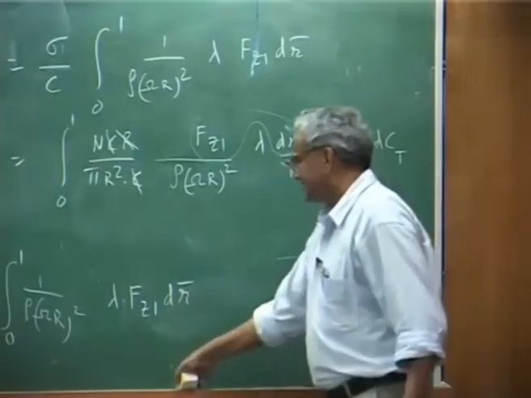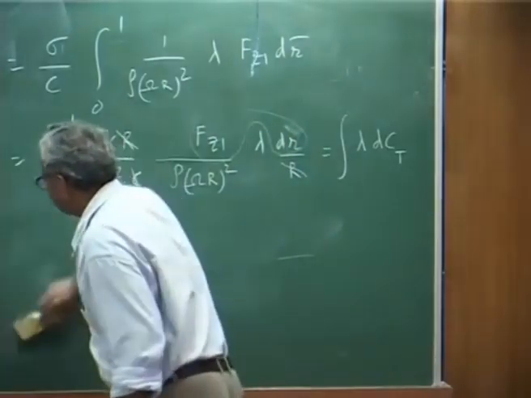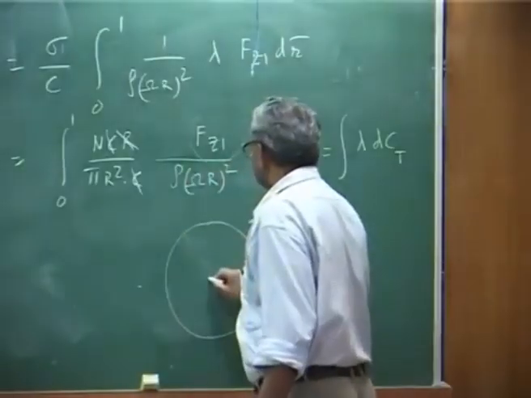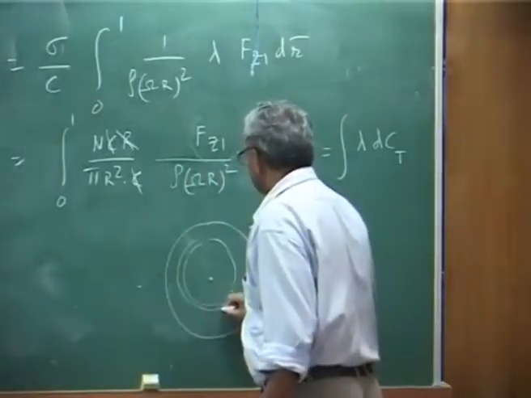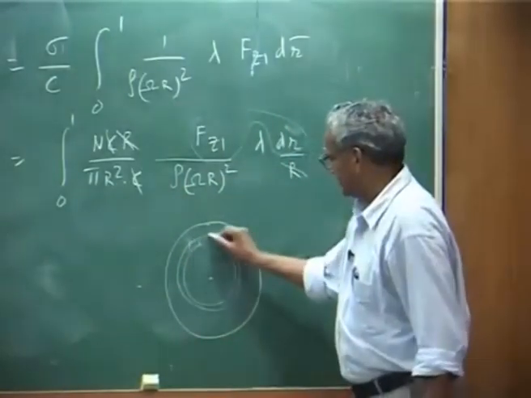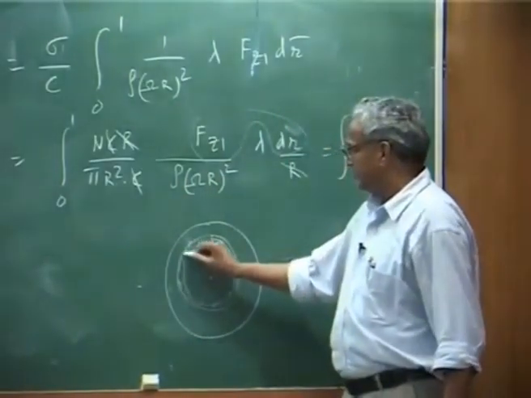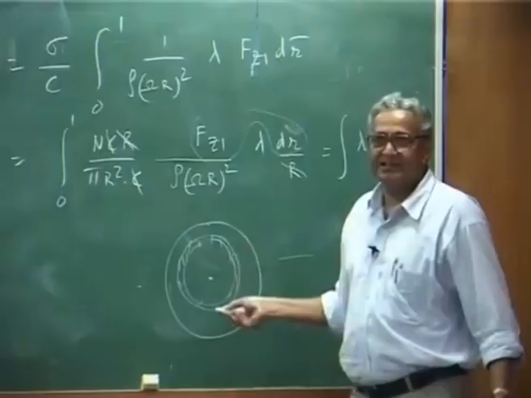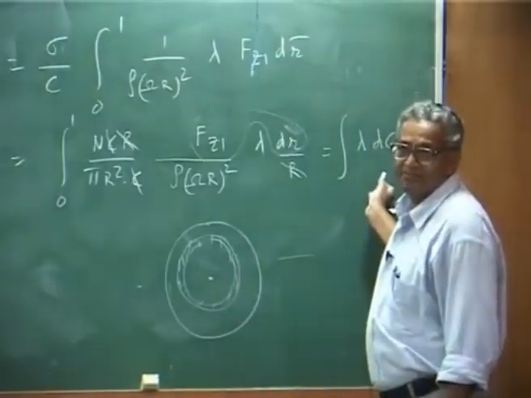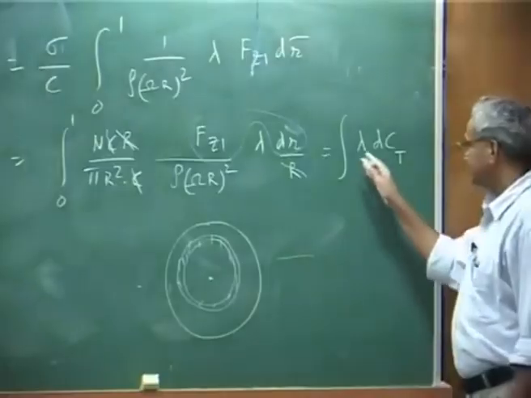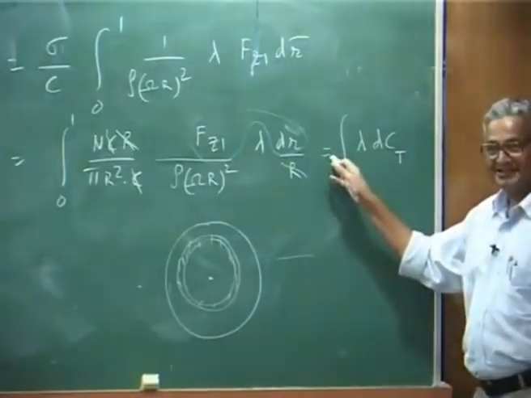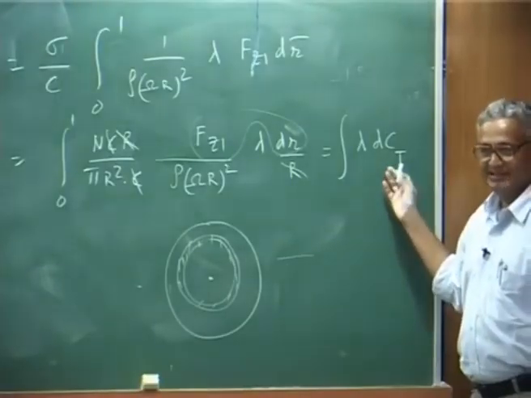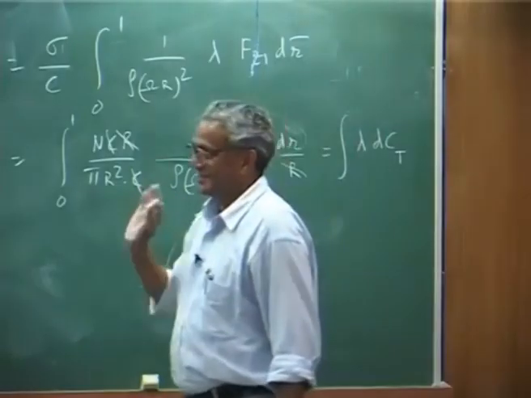So, it is like the entire disk you can split into small rings, like we did for thrust, and you know lambda, it is like a weighted thrust. But if lambda is constant, it will come out, right, and this is nothing but the thrust coefficient, okay. That is what we will use after reduction.